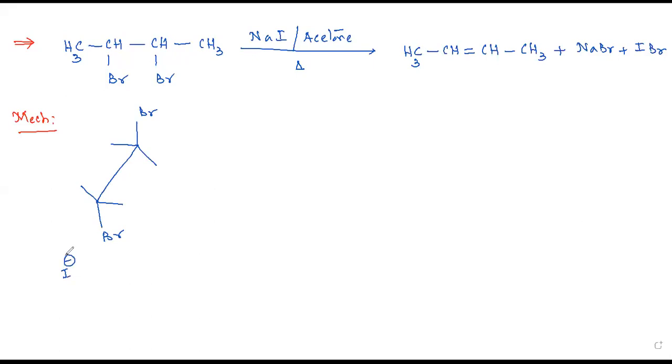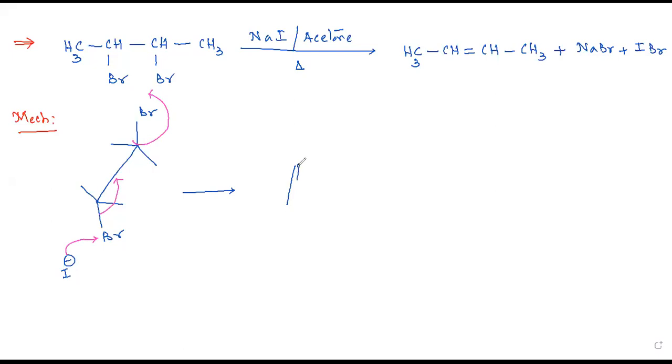Using I minus, we can take out this bromine without a bonded pair because the bond is going to go this way. And here it is this Br minus. Okay, that's it.